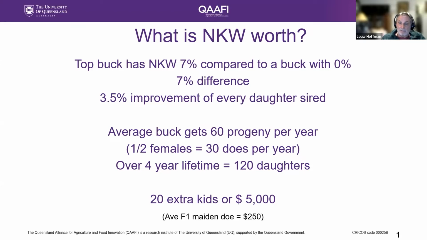Over the 4-year lifetime that I've used him, that's 120 daughters. So instead of 100 daughters, he'll give me 120. That ends up around 20 extra kids, and taking a maiden doe at $250 each, that'll give me $5,000 more.